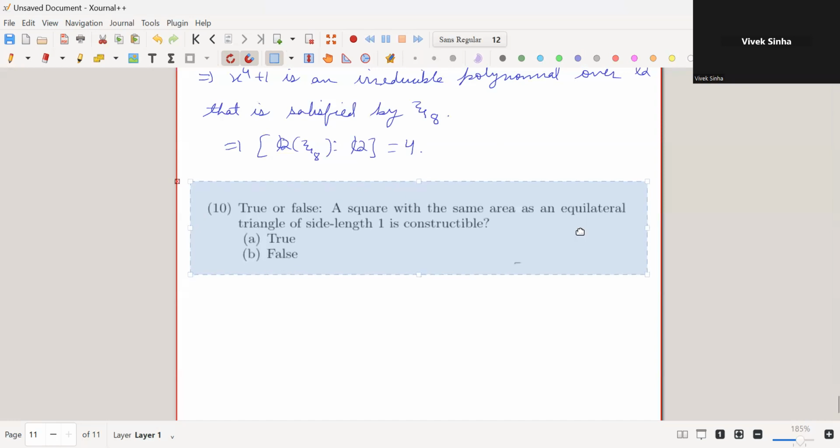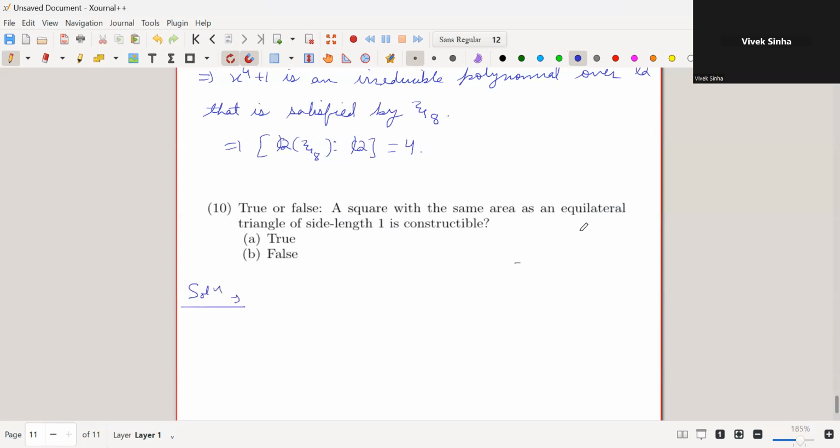So we have to first see what is the area of an equilateral triangle, and then using that formula we will solve this. The area of an equilateral triangle of side L is root 3 by 4 L square.